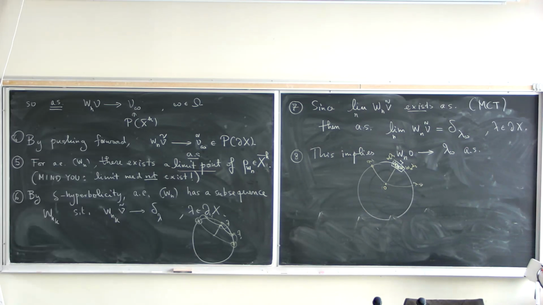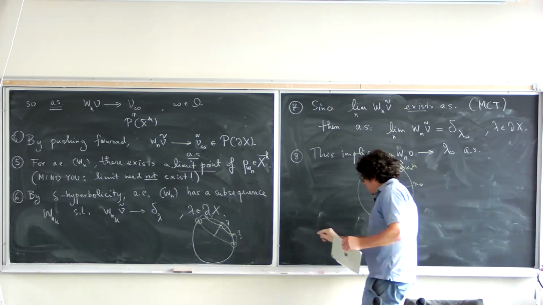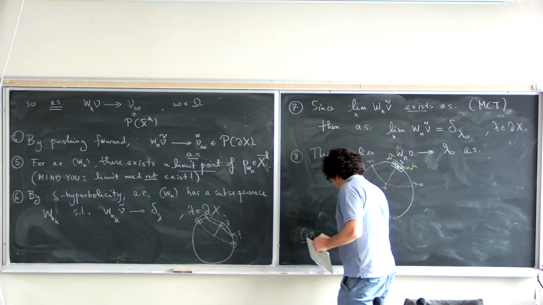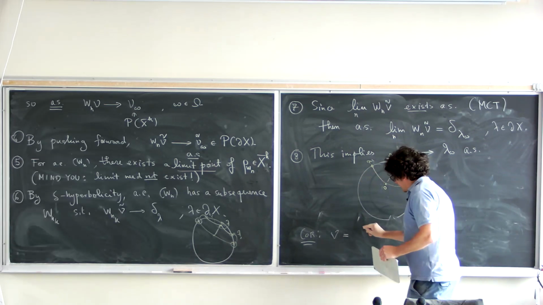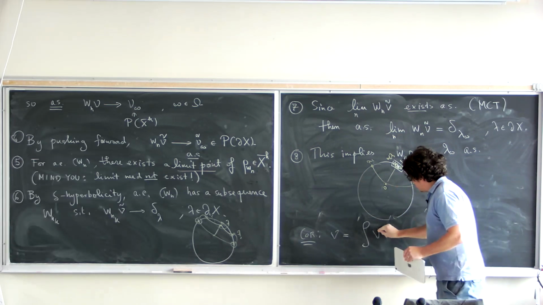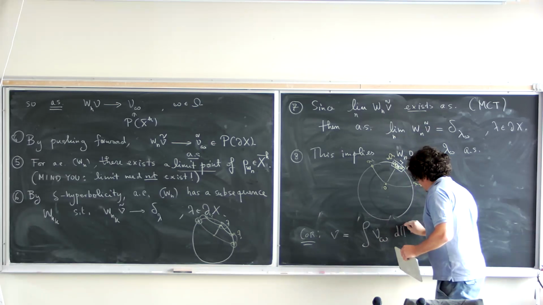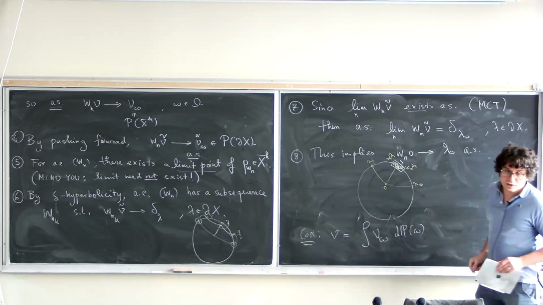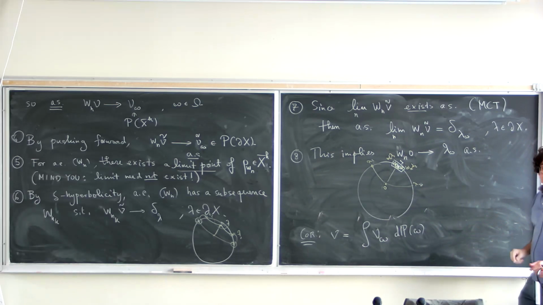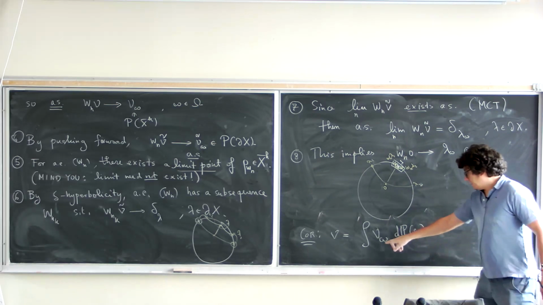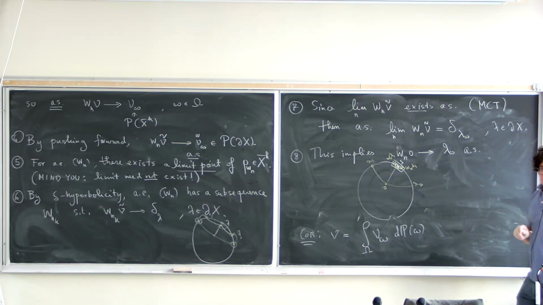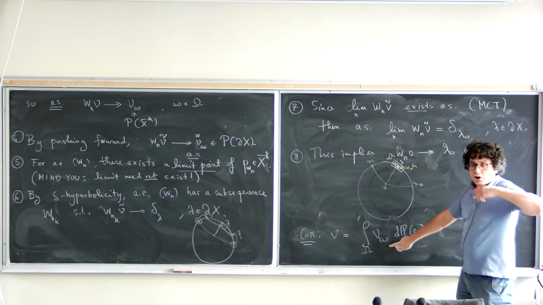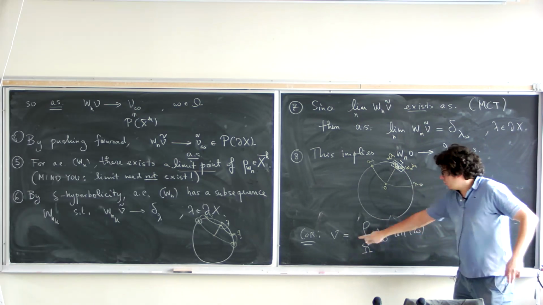So that shows that almost surely, in fact, the limit depends on the sequence. And as a final corollary, what we can say is that nu is the integral of nu omega dP omega. So for almost every sample path, we're taking this limiting measure that we know exists. And since everything was stationary, at every step the average of these measures was nu.